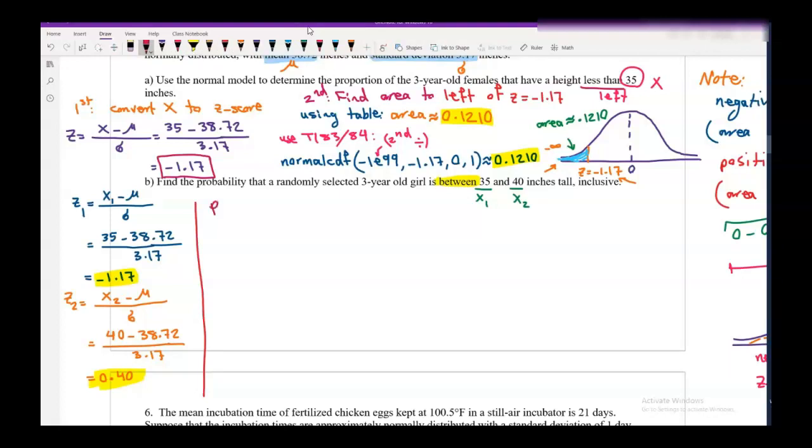Now finding the area when x is between 35 and 40. That is the area when z is between negative 1.17 and 0.4.